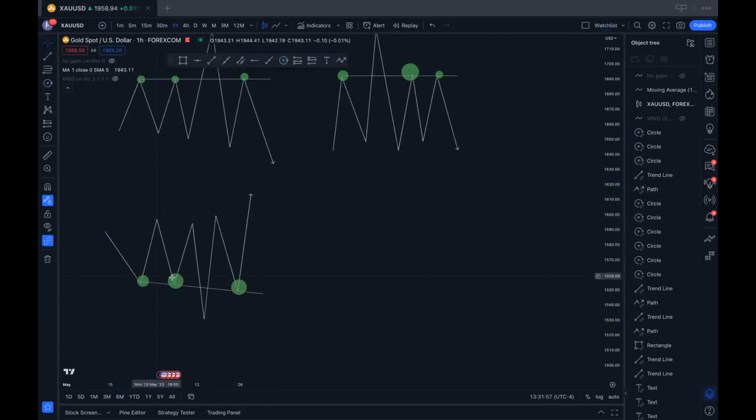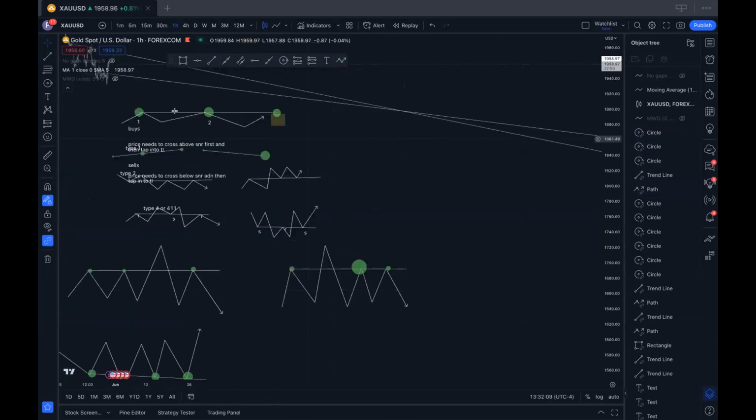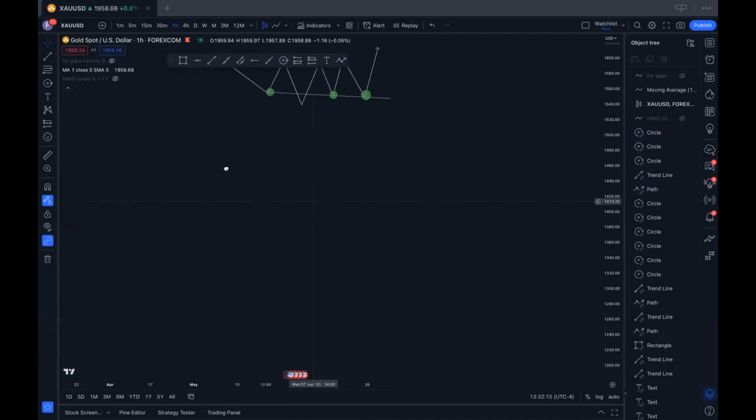This head can also come in here, so it could also be like this. Okay. Pretty simple. We have trendline 1, 2, 4, 5, and 6.